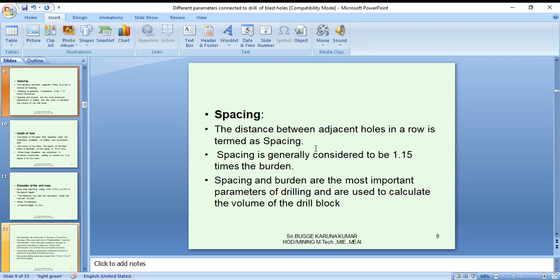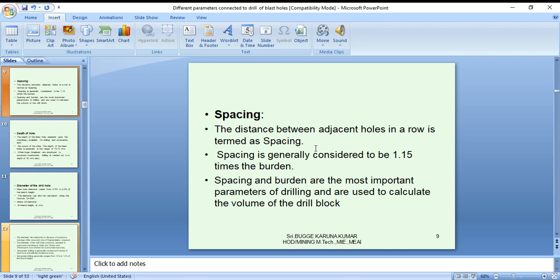And spacing: the distance between adjacent holes in a row is termed as spacing. Spacing is generally considered to be 1 to 1.5 times the burden. Spacing and burden are the most important drilling parameters and are used to calculate the volume of the drilling block.